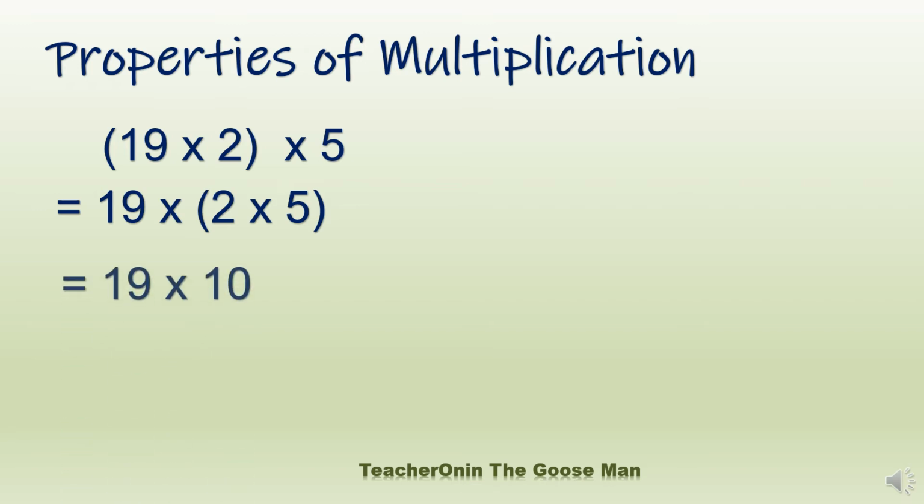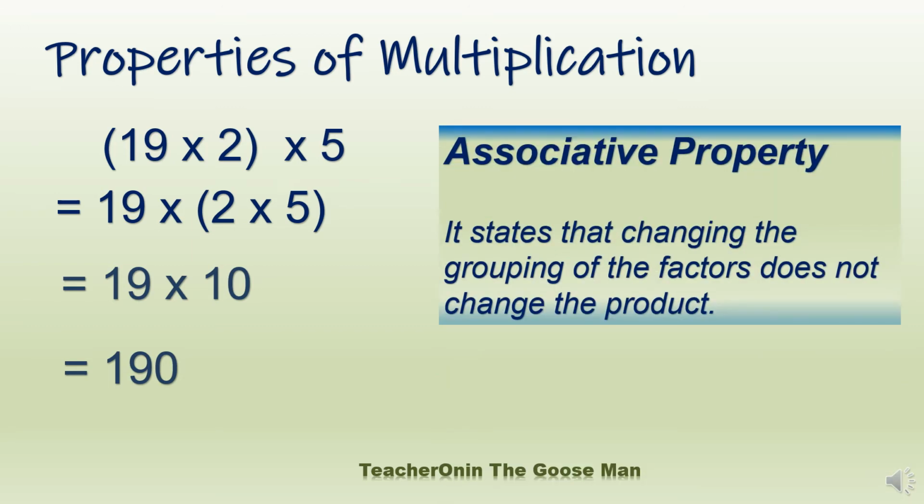So I have 19 times 10. So it means I have 190. So for this example, I can use the property of multiplication, which is associative property. Associative property states that changing the grouping of the factors does not change the product.